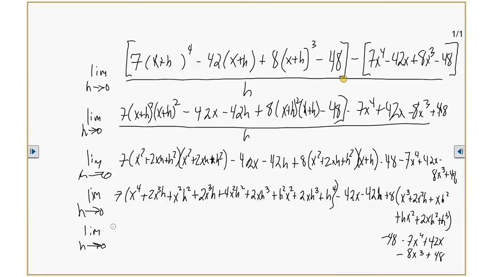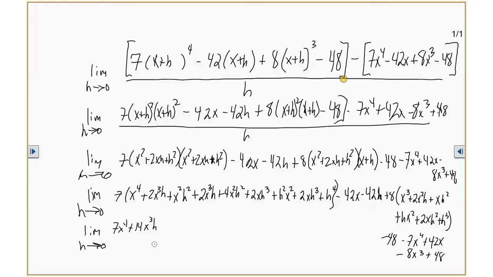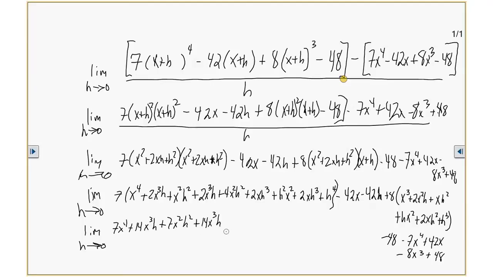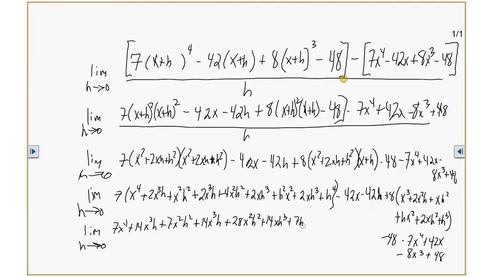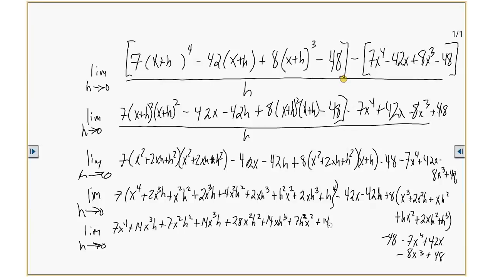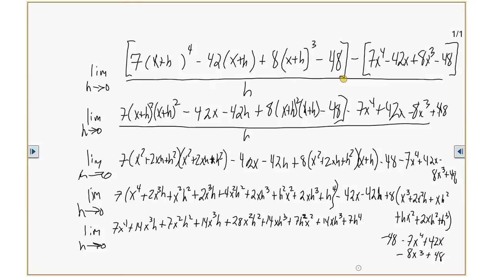So that's going to be 7x to the 4th plus 14x cubed h plus 7x squared h squared plus 14x cubed h plus 28x squared h squared plus 14xh cubed plus 7h squared x squared plus 14xh cubed plus 7x to the 4th, minus all of this.